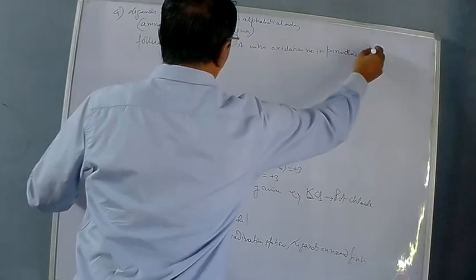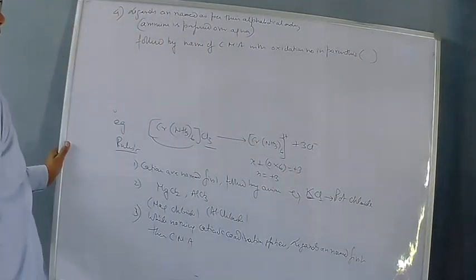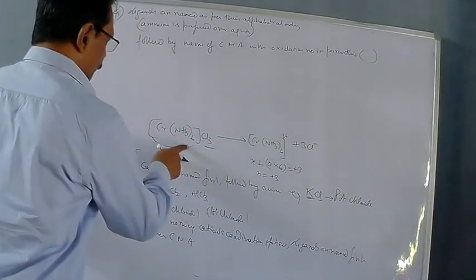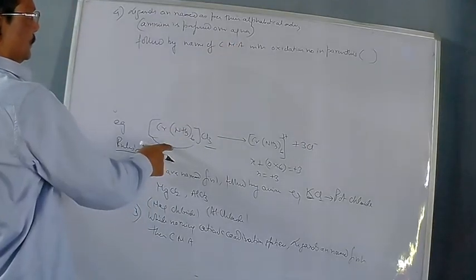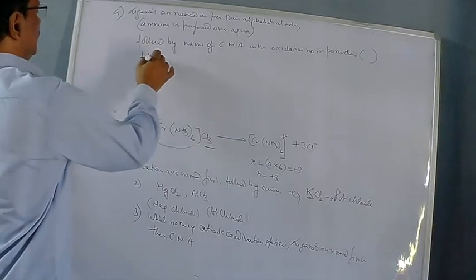Parenthesis means small bracket. So first you will name the ligand, followed by the central metal atom along with its oxidation number in parenthesis, followed by anion.